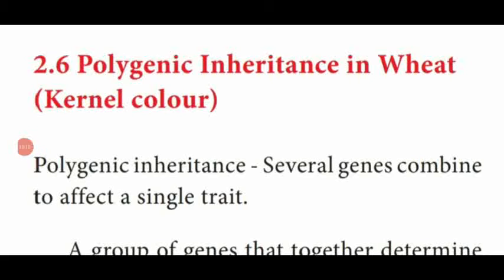Dear students, next we are going to see polygenic inheritance in wheat kernel color. Kernel means the seed color or grain color. Here we are going to see the different hybridization processes. Up to this we have seen different hybridization processes.